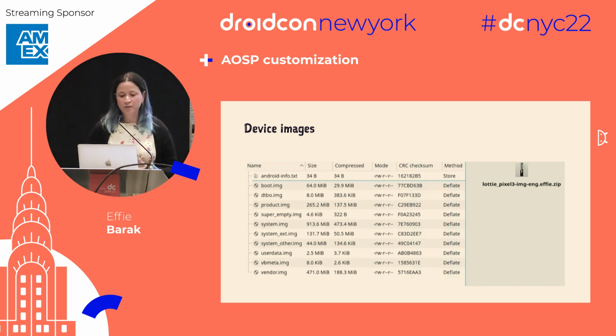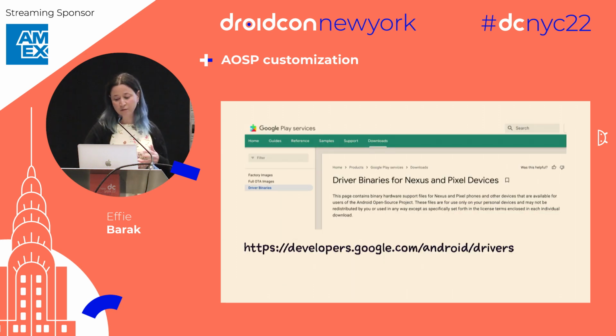If I wanted to go and build, for instance, for the Pixel, I would need all these drivers and all these, we call them for short, BSPs. I would need to build AOSP with them. Now, if I'm building for a Google device, Google actually released all of them for us. So we can go to this website, download the binaries.